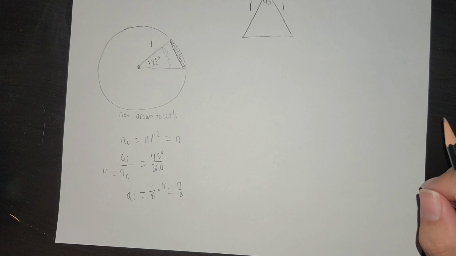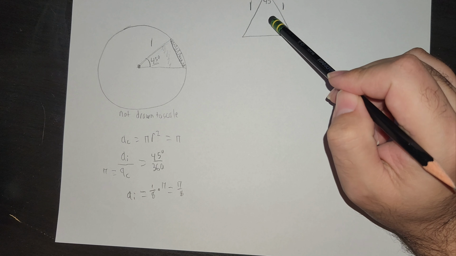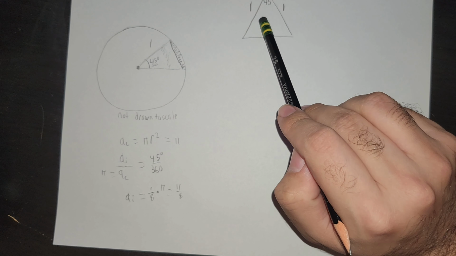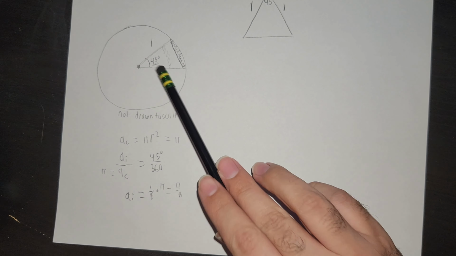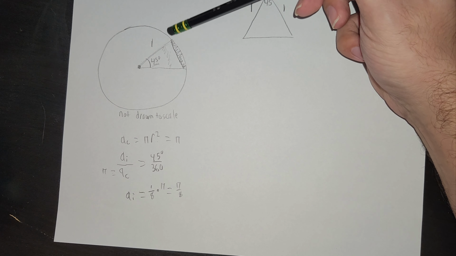Alright, so we have our triangle on the outside. We just need to find the area of this triangle so that we can subtract it from the area of the inside of the angle. And that'll give us the area of the outside portion right here.